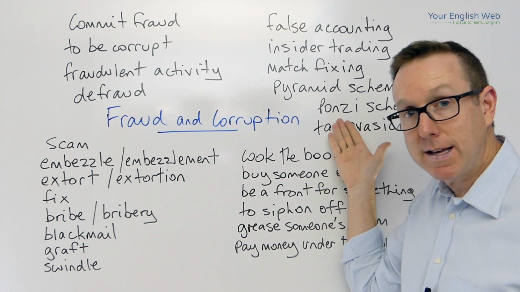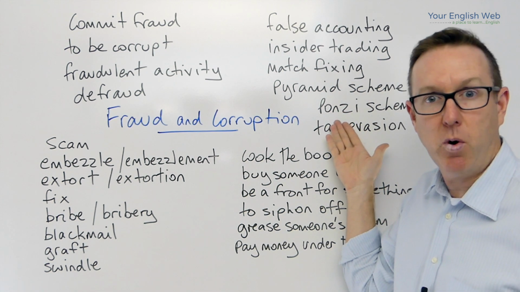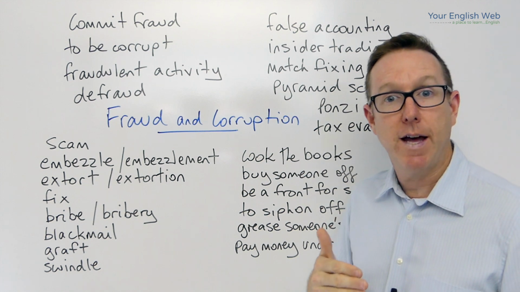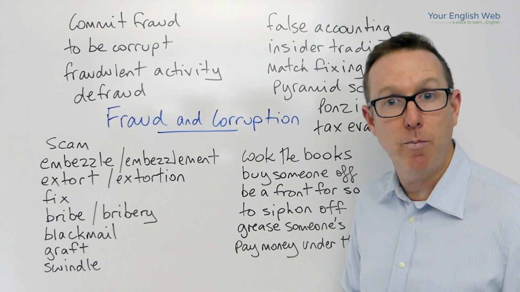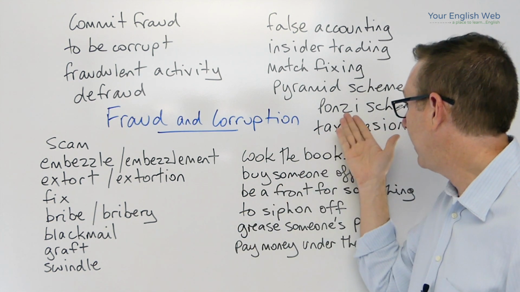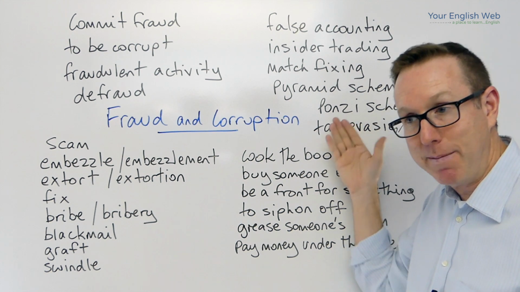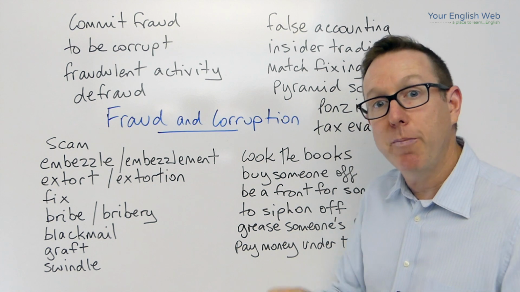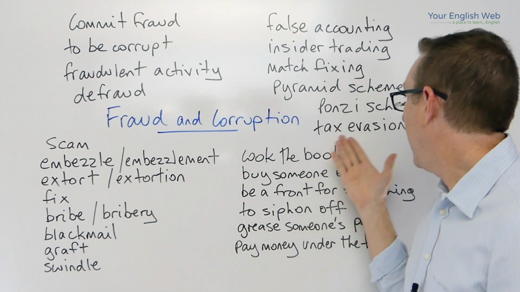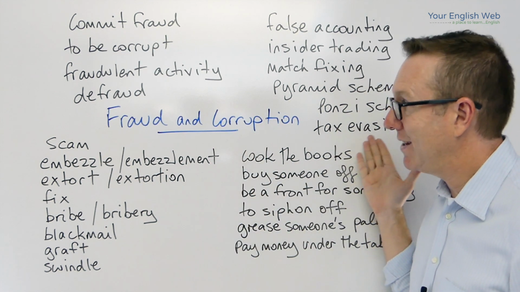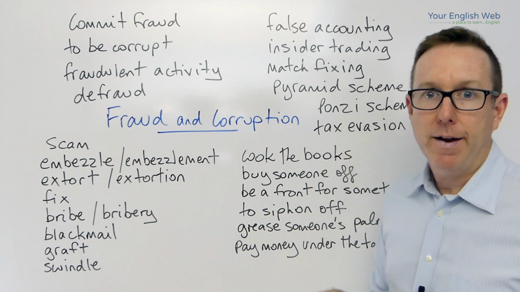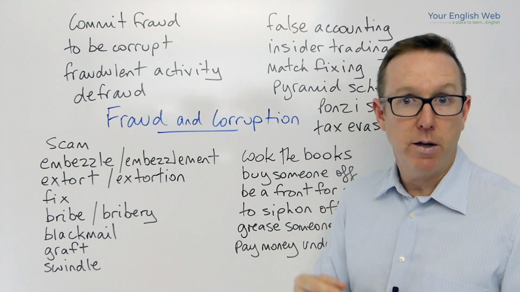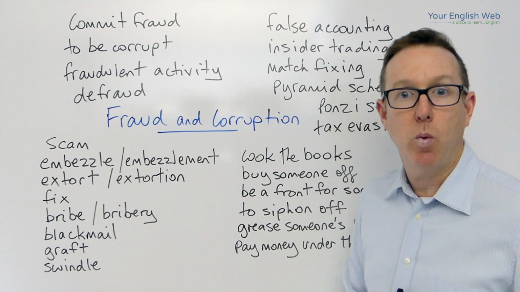Or a Ponzi scheme, which is similar, more or less. 10 years ago in the States, there was a famous Ponzi scheme with Bernard Madoff. Okay, that was an example of a Ponzi scheme where people invest money trying to get a big return, but the money disappears.